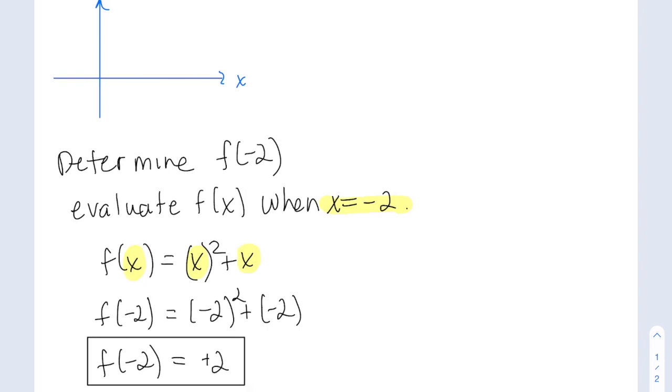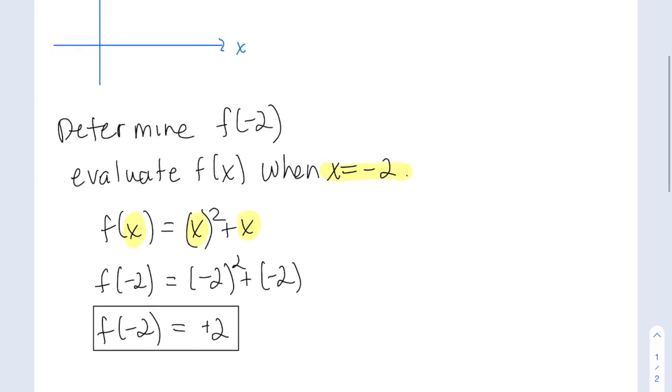Something nice about this answer is, if I were looking in the back of a textbook, it becomes really clear that when x equals -2, f of -2 equals 2.